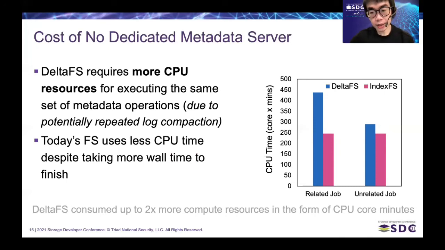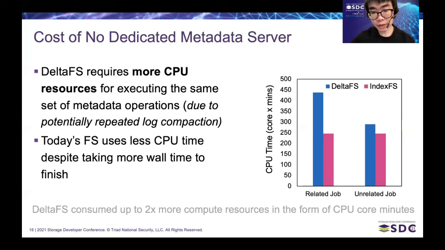In the experiments, we can see that to execute the same workflow, DeltaFS used up to twice the compute resources compared to IndexFS. However, one thing worth mentioning here is that our workflow is designed such that each workflow stage needs to see the files created by previous stages.